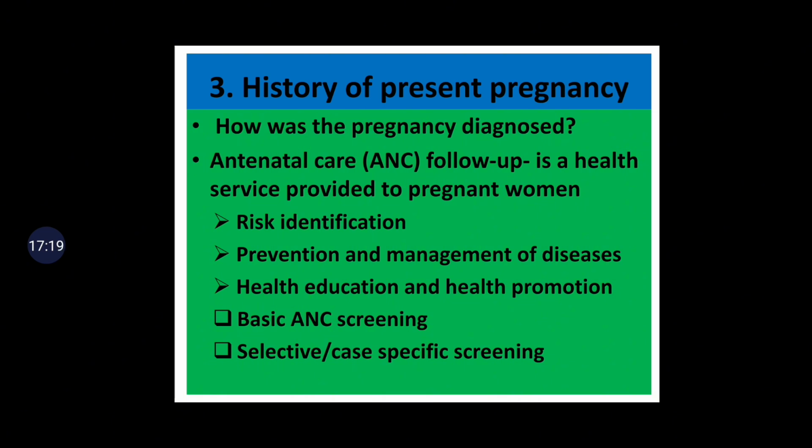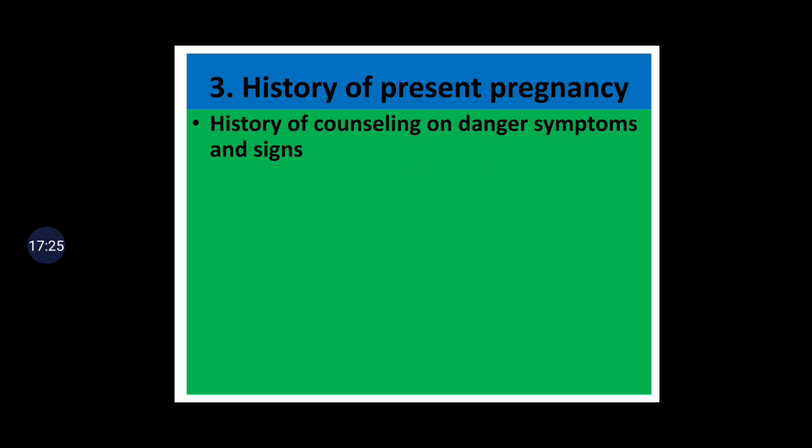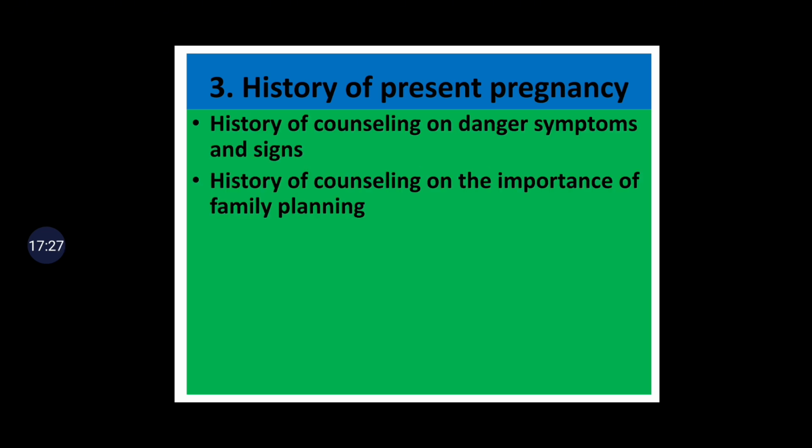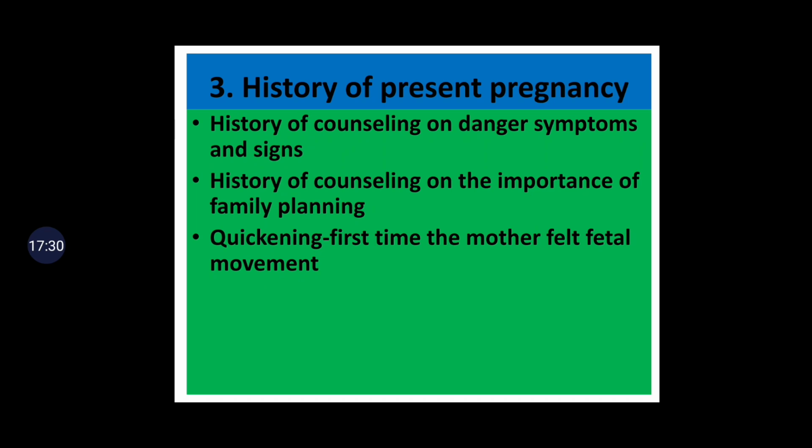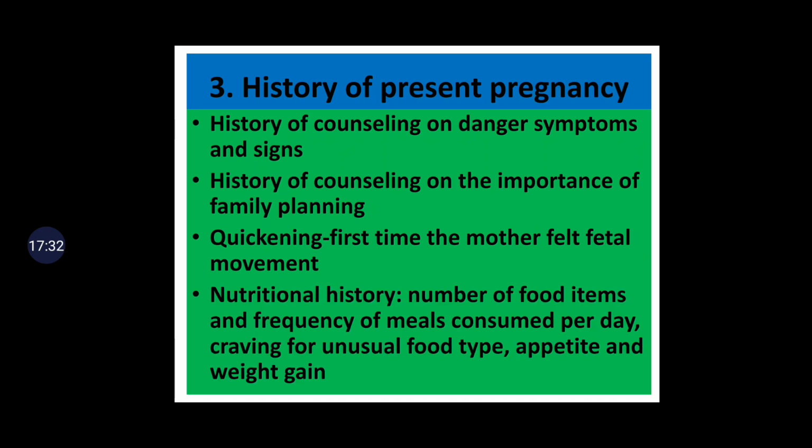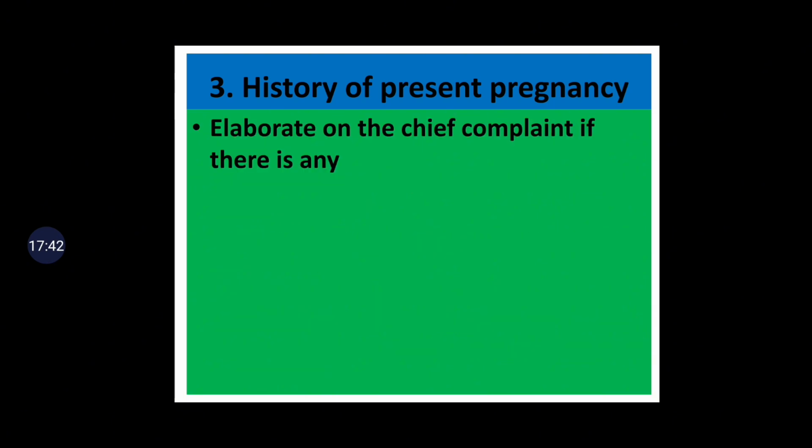Selective or case-specific screening is done for pregnant mothers with specific risk factors. Ask about history of counseling on danger symptoms and signs, and on the importance of family planning. Nutritional history, number of food items and frequency of meals consumed per day, craving for unusual food types, appetite, and weight gain should be asked and assessed.